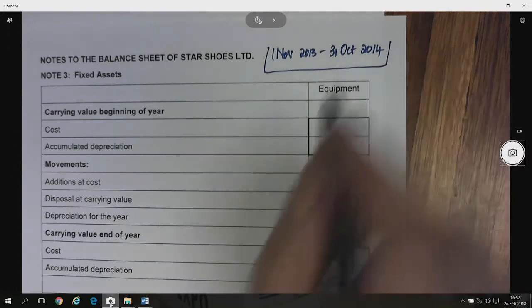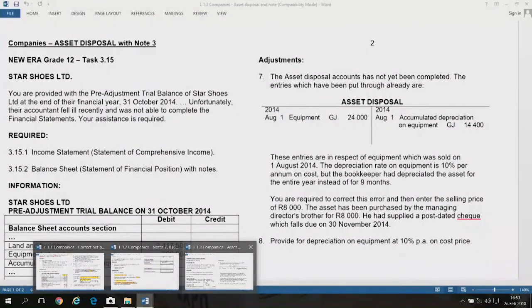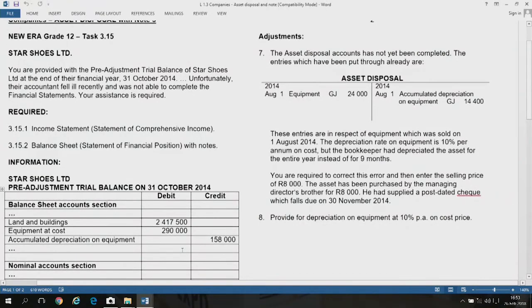If I've got my accounting period, I know what to do. I know how to think about all of this. They say, unfortunately, their accountant fell ill recently and was not able to complete the financial statements. Your assistance is required. I'm only going to do adjustment number 7 and number 8.